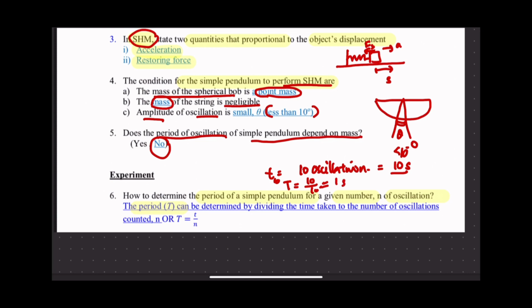This is the formula: period equals time taken for the oscillations divided by the number of oscillations.